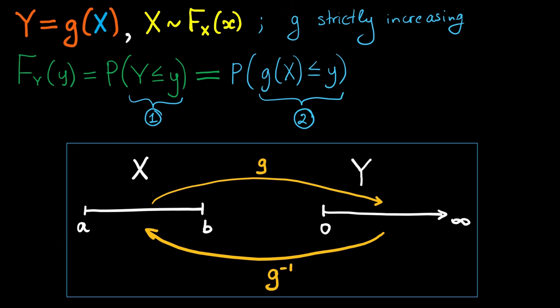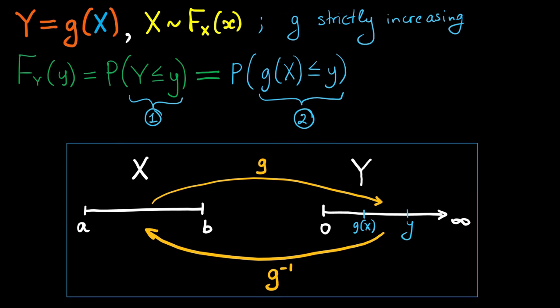Now, notice that g of capital X and lowercase y both live in the range of y. And this event, g of capital X less than or equal to y, is an event in the sigma algebra of y.